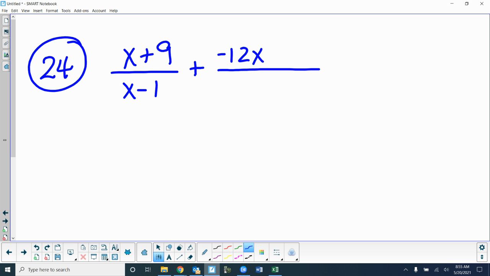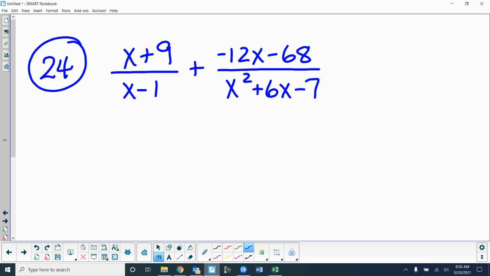Factor denominators only for 24 and 25. Okay, we do not factor any numerators until after we add in 24 or subtract in 25, okay? So just factor denominators so you can find the common denominator.